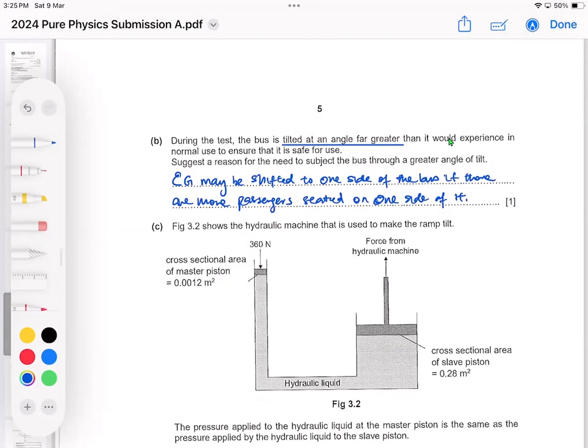So what about the situation where the CG is raised higher, for example? This one reason can be okay, but we can also offer another reason why the CG may be raised. How will it be raised to a higher point?